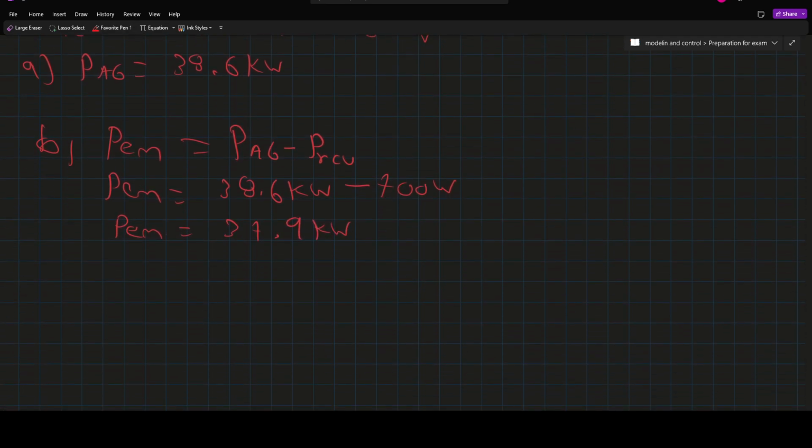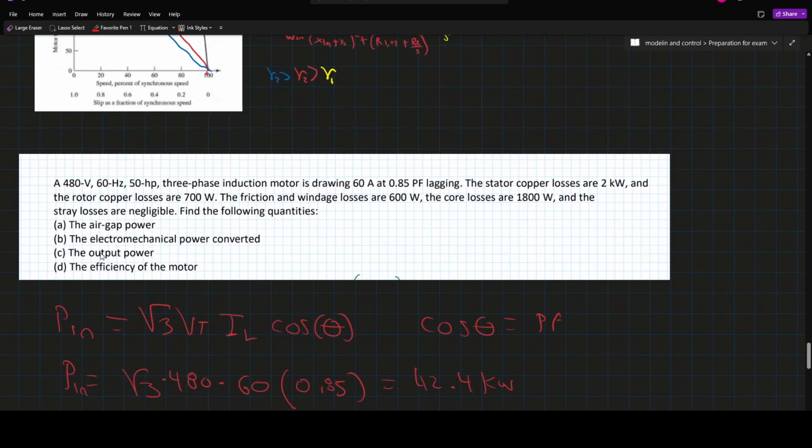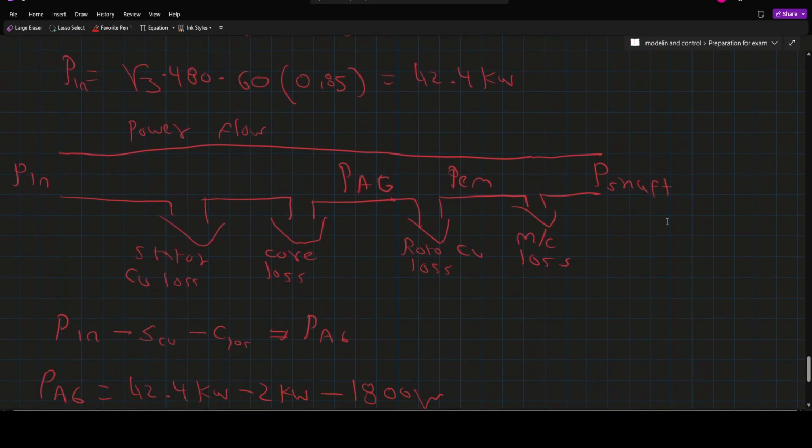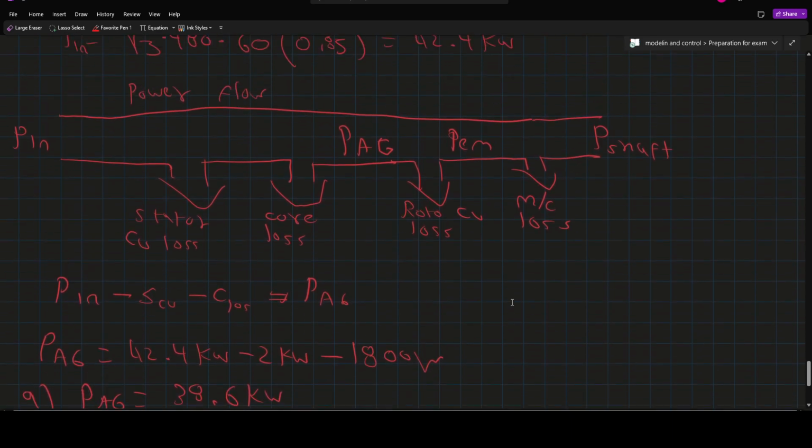Of electromechanical power. And finally, we got the power out. That's what they are asking us. The output power, that is our power in the shaft, is equal to our electromechanical power minus our mechanical losses.